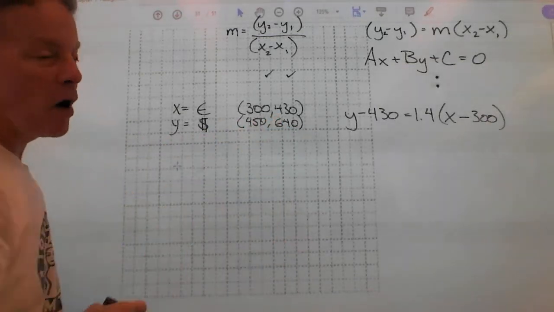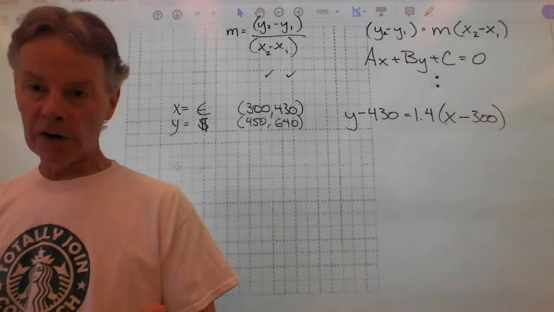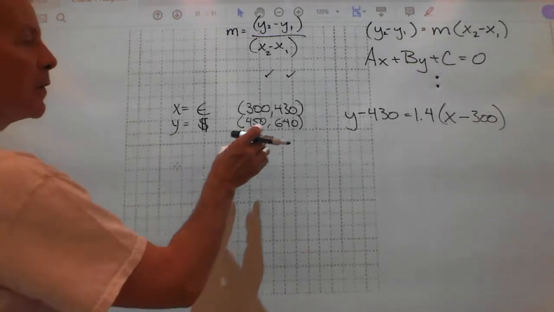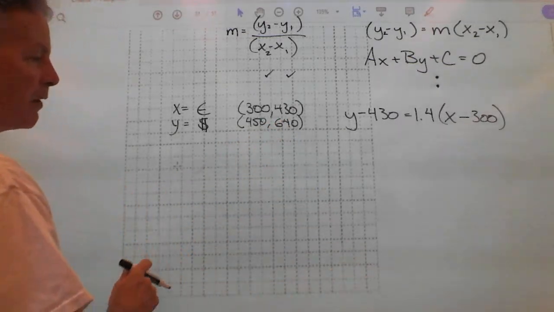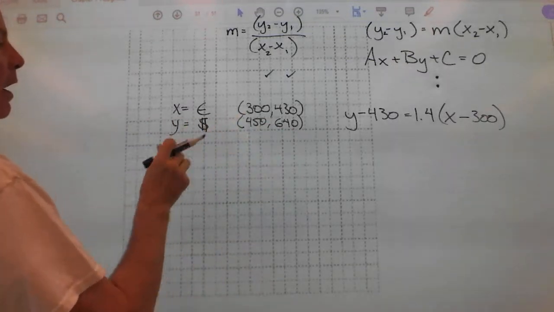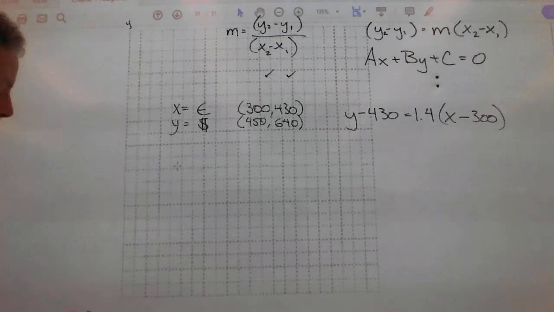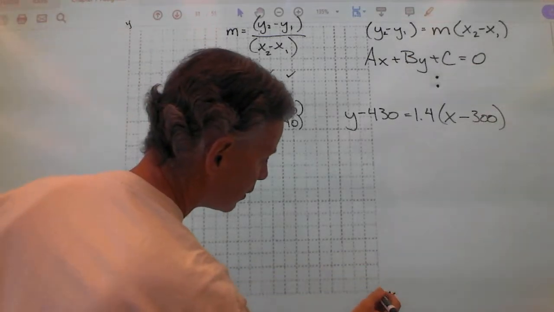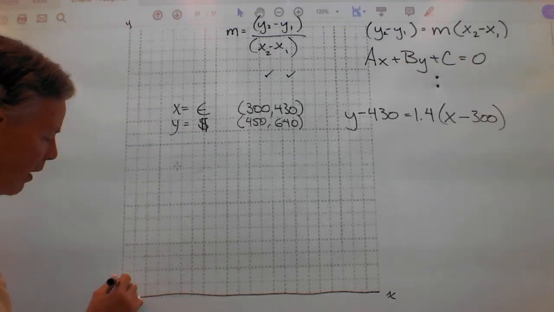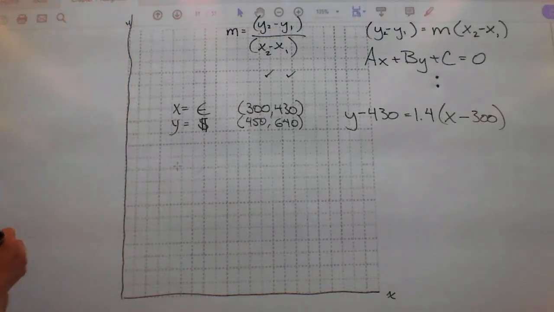Because these are positive numbers, right, you can't have negative currency, you can't have negative amounts of money. So rather than having an x and a y that has an origin in the center, I'm going to graph this so that my y is here, my x is here, like a graph that you might make in a science class.